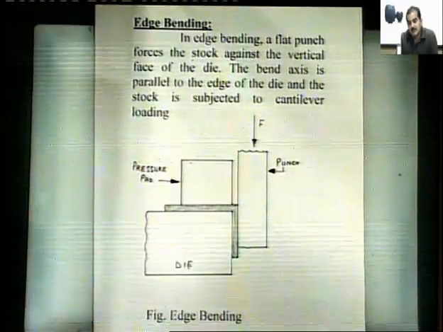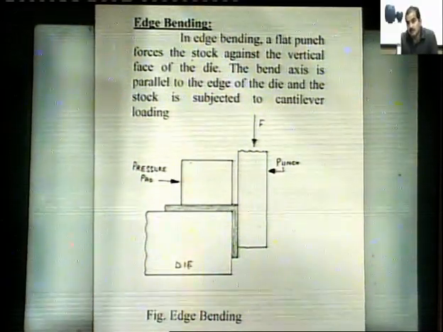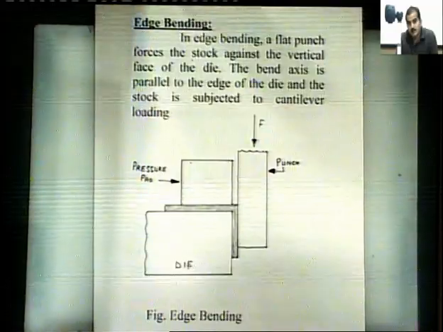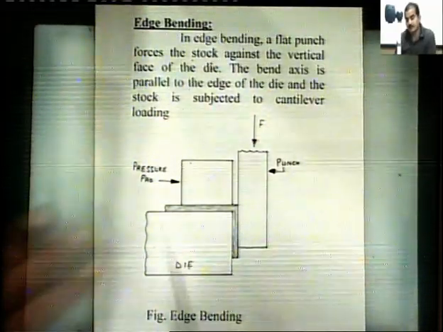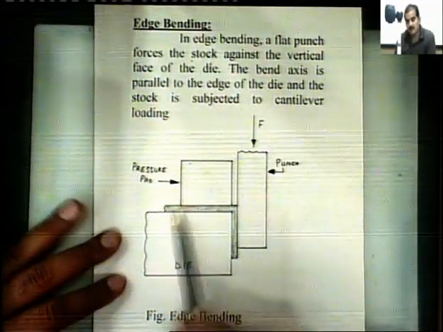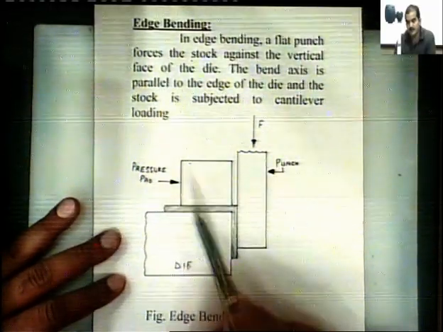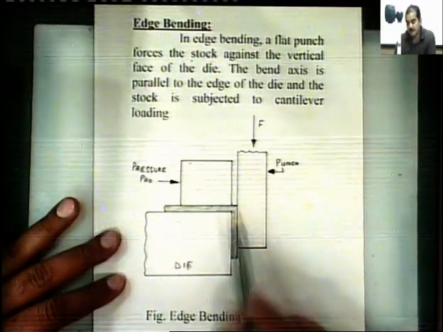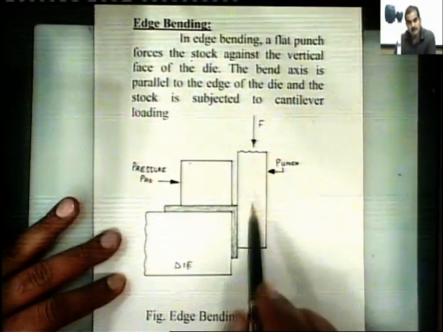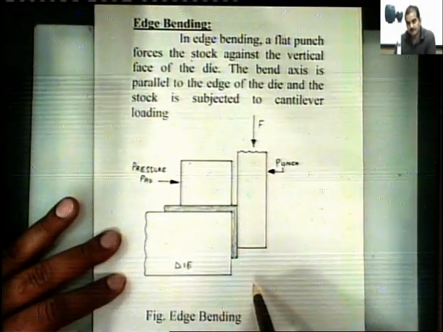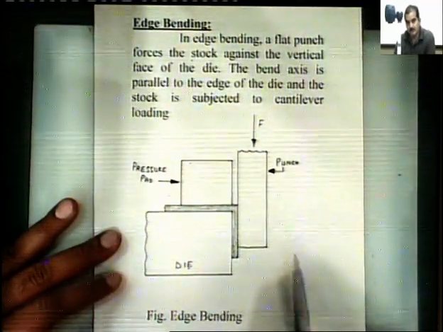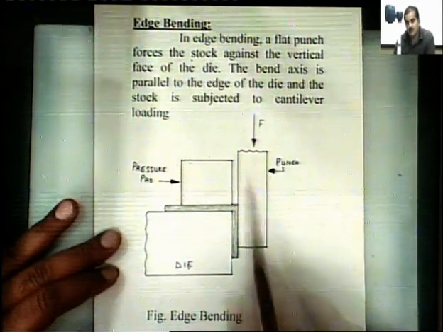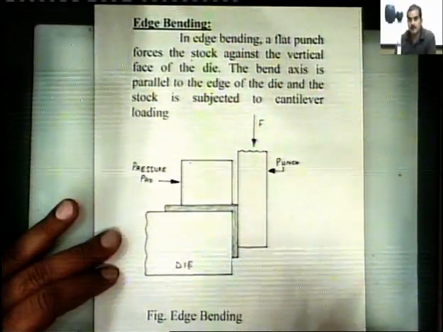So, this edge bending is a very simple press working operation in which a straight length is held with the help of some pressure pad, and a straight punch forces the cantilever downward, and this type of loading is called cantilever loading.